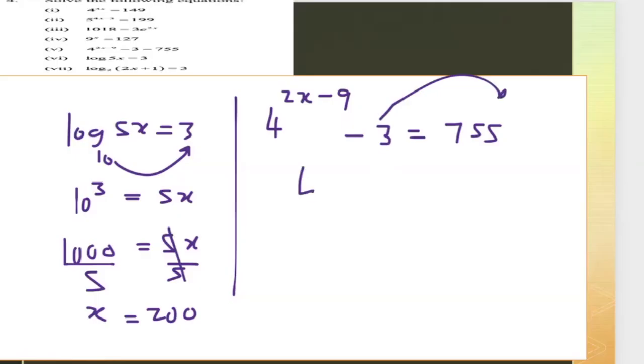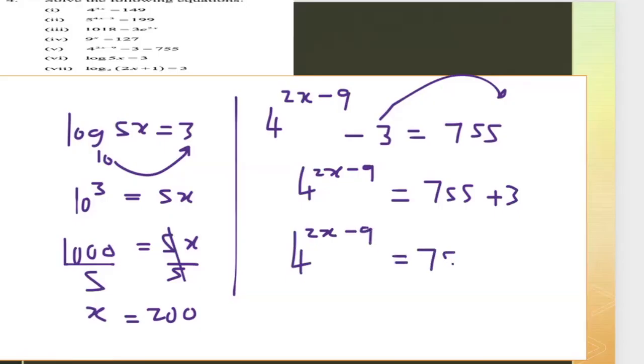So you have 4 to the 2x minus 9 equals 755 plus 3. So you have 4 to the 2x minus 9 equals 758, and then we're used to what we had before, where you either log both sides or change the exponential form to log form.